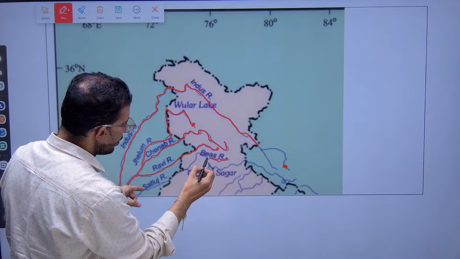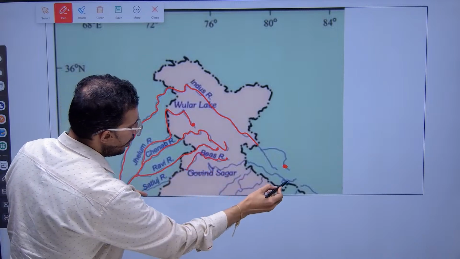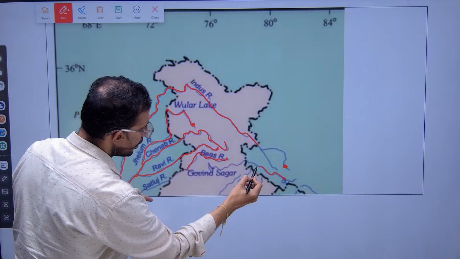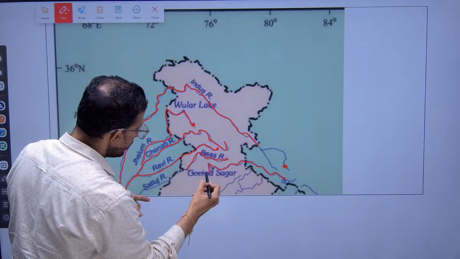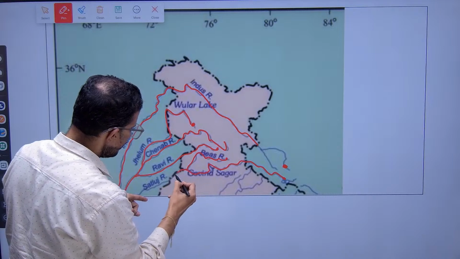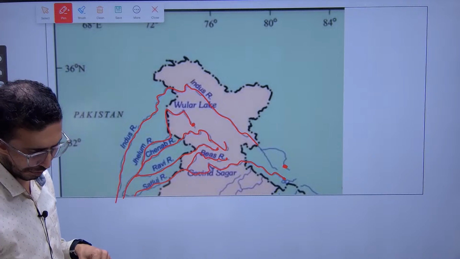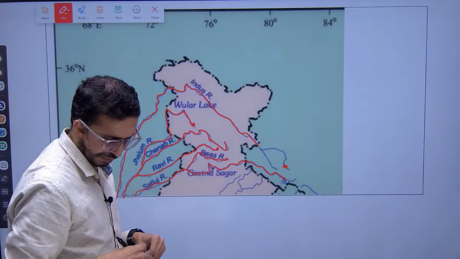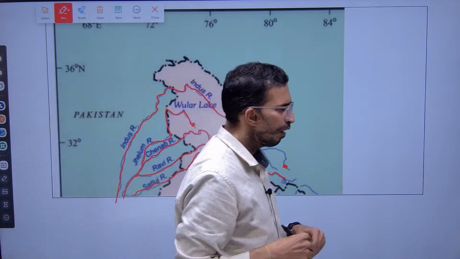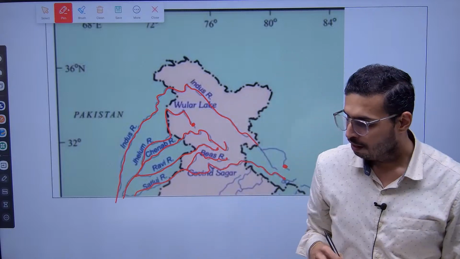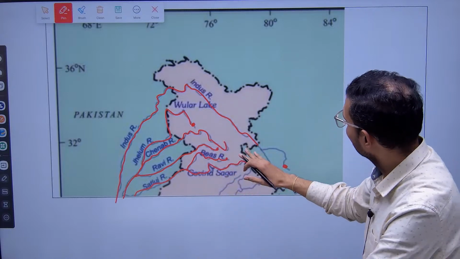This is the Bias. And this is the Satluj. Now see this map very carefully.